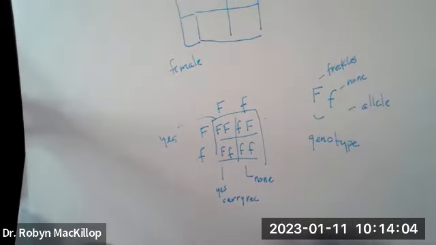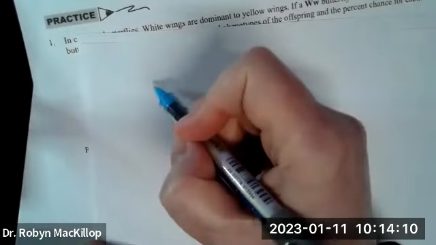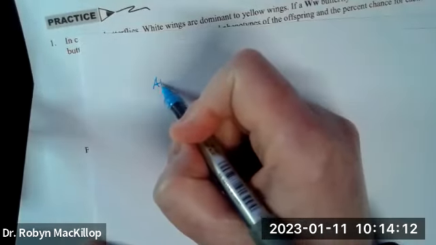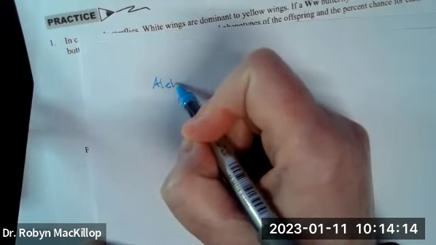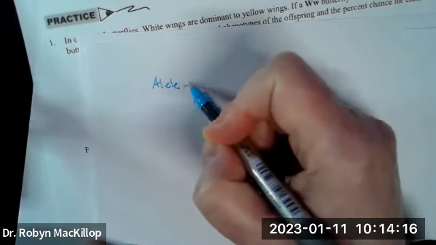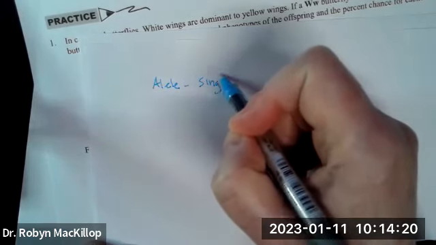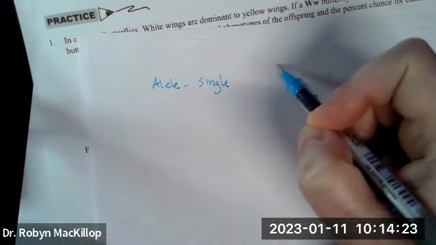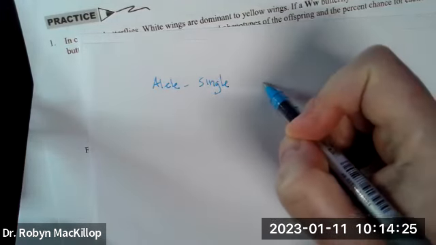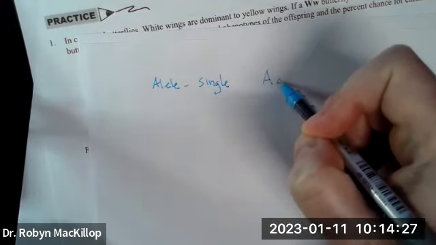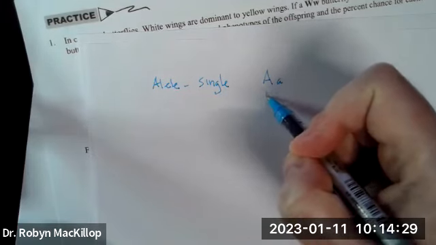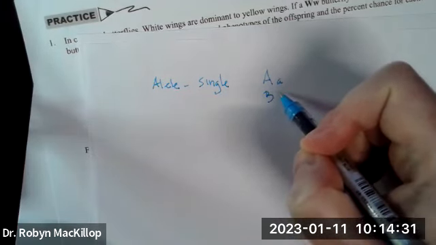All right, so let me go to a new page. All right, so what we've learned so far, an allele is a single trait. And single traits are depicted by capital and small letters. So A, and the letters don't matter. They don't represent anything in particular.